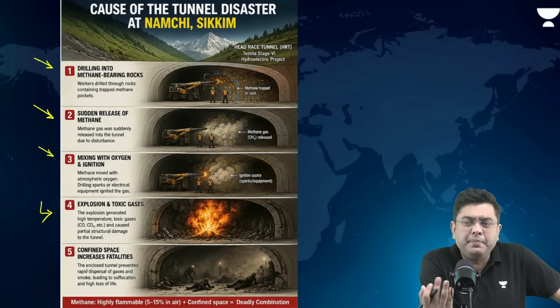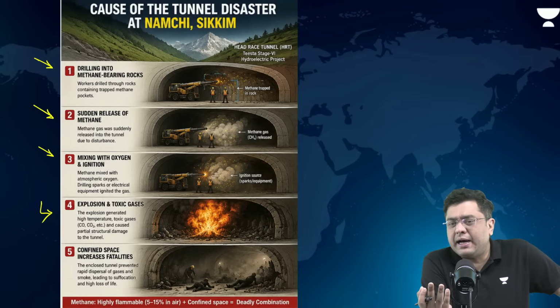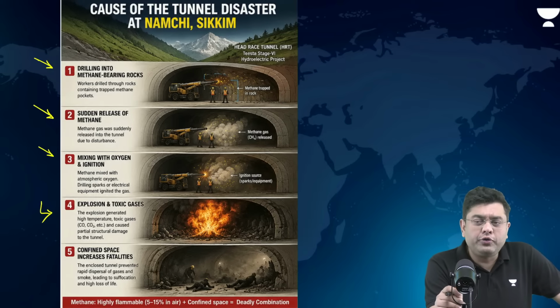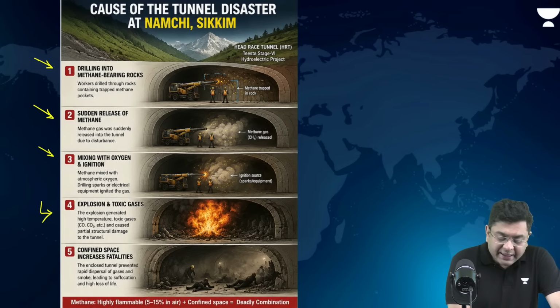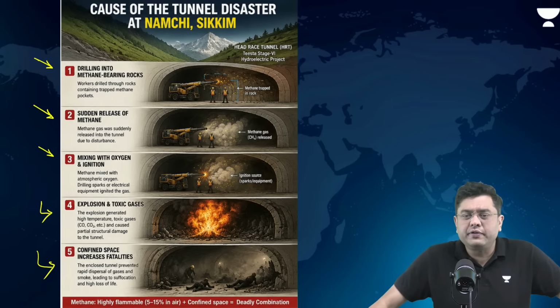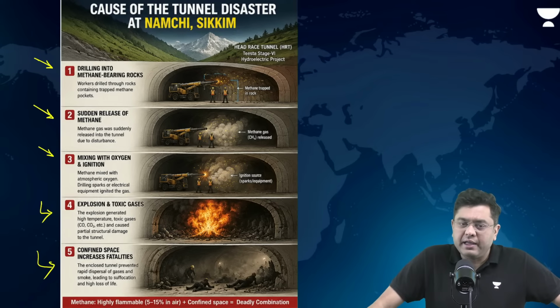And when you have the burning of methane or any carbon based compound, carbon monoxide is produced in huge quantity. And that monoxide, just by inhalation and overexposure, can lead to death. So that has also led to the death. And the confined space in the region, exposure to toxic gases, has created the havoc.